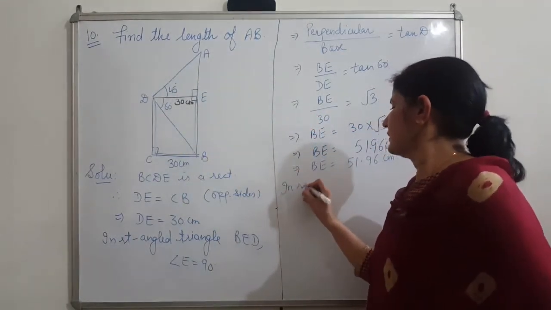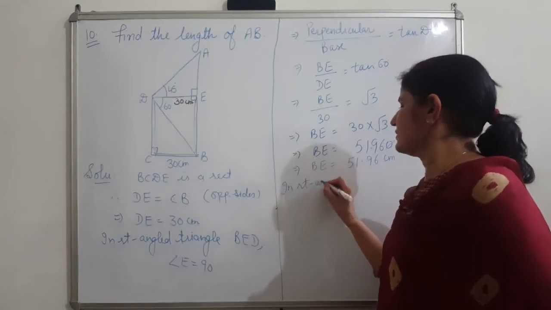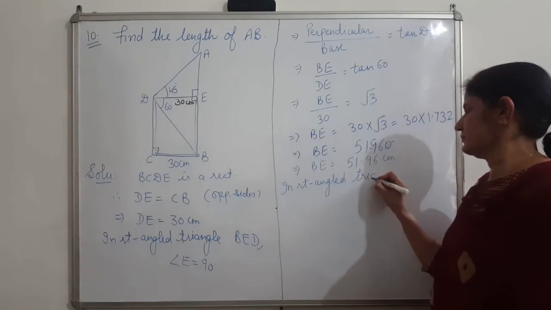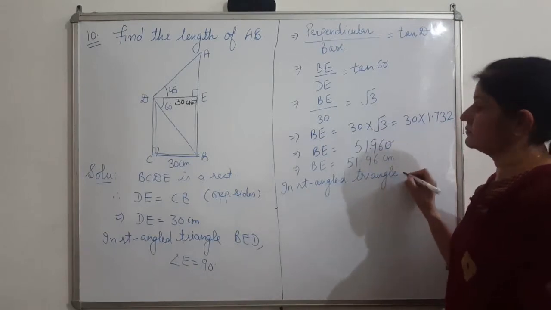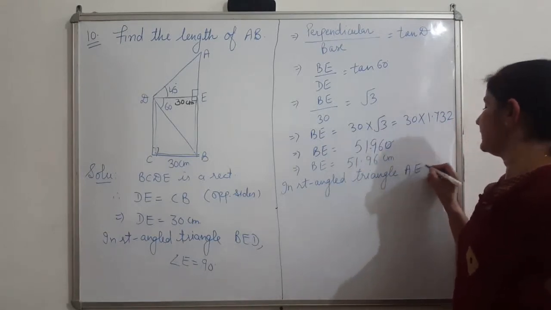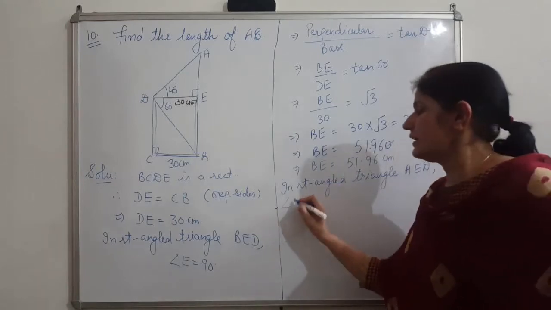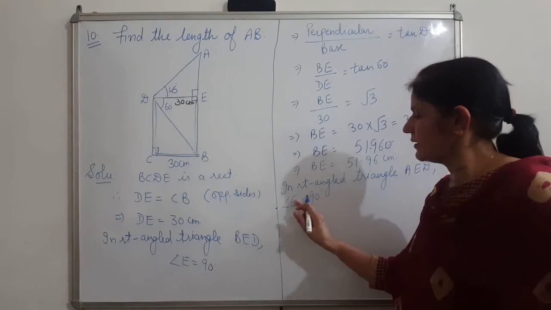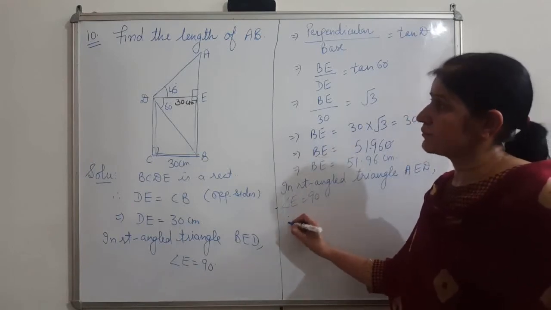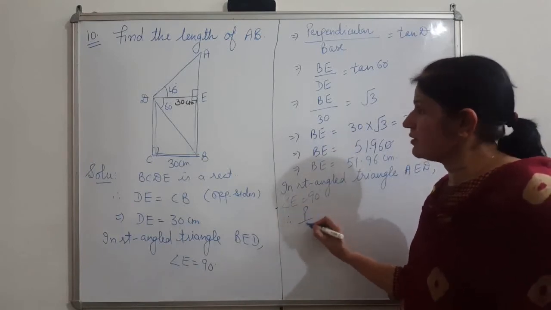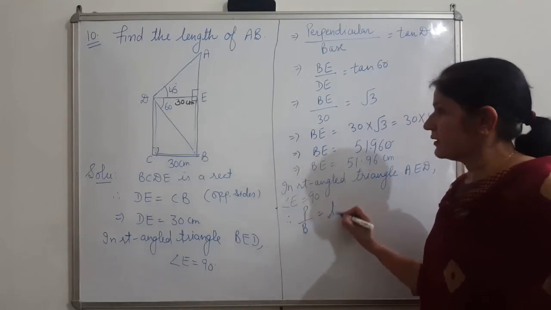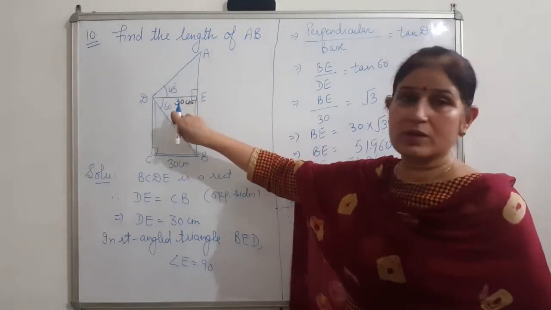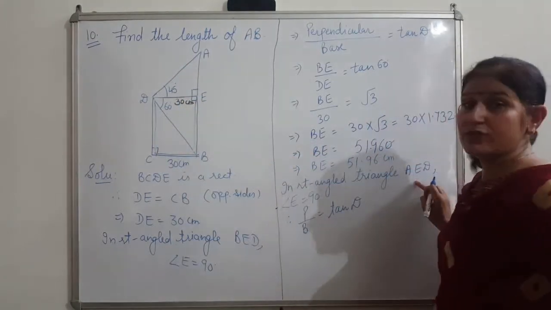Now we will take this triangle AED and calculate AE. In right angled triangle AED, angle E is 90 degree. So, perpendicular over base is tangent D, this D, not this one. That's why I have written names of the triangle here.